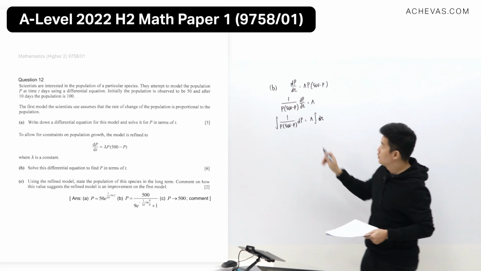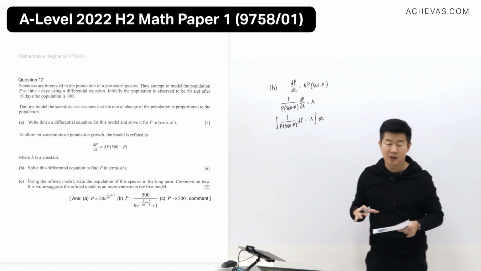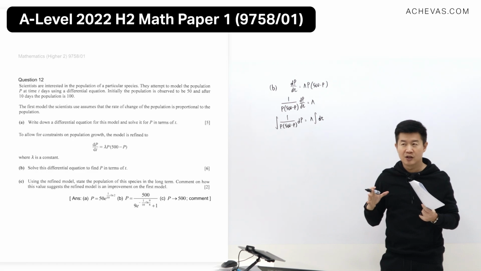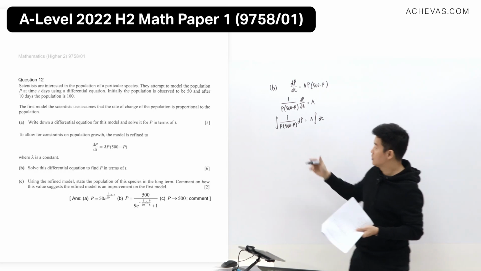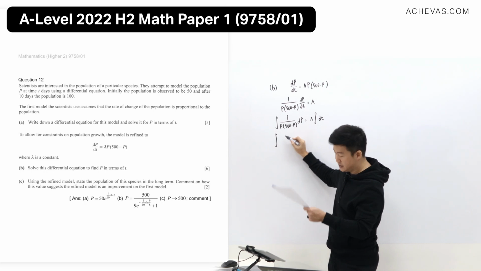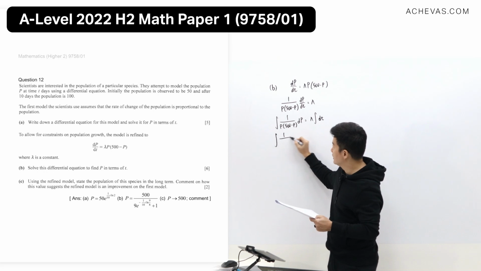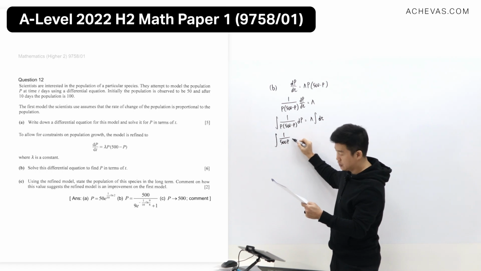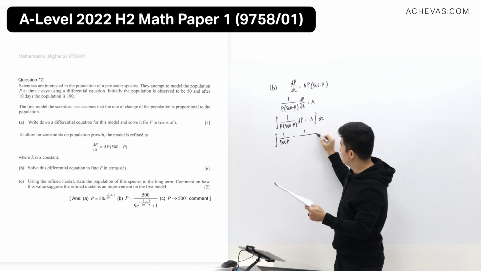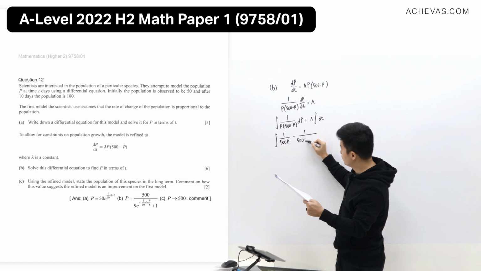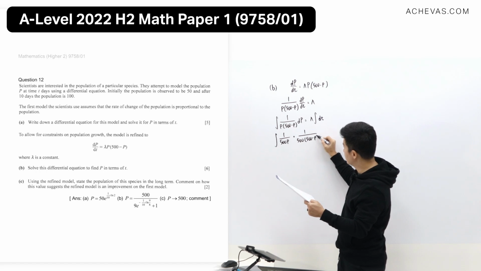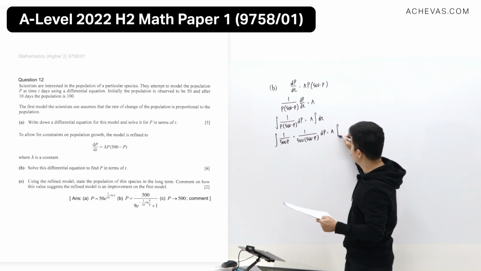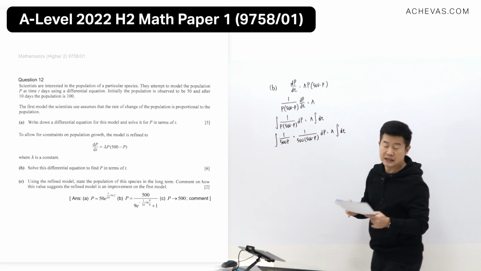On the right hand side, it is integrating 1 with respect to t. To integrate the left, we are going to apply partial fractions to manipulate the integral so that it can be integrated. So applying partial fractions, this is re-expressed as the integral of (1/500)(1/p) plus (1/500)(1/(500 minus p)) dp, equal to lambda times the integral of 1 dt.